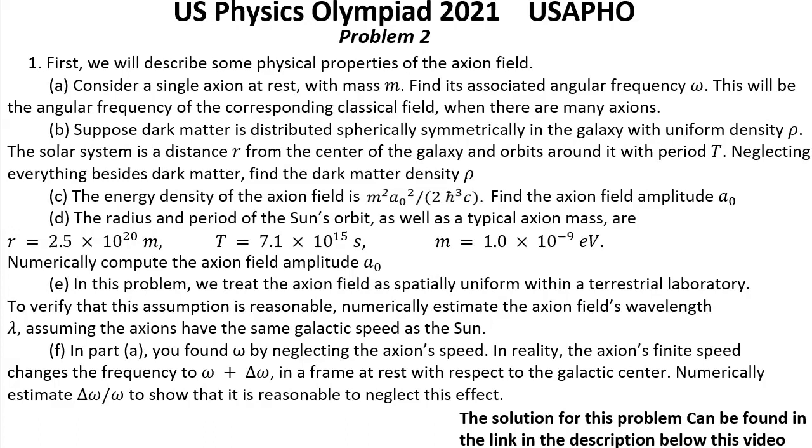C. The energy density of the axion field is m² A0² over 2ħ³c. Find the axion field amplitude A0.